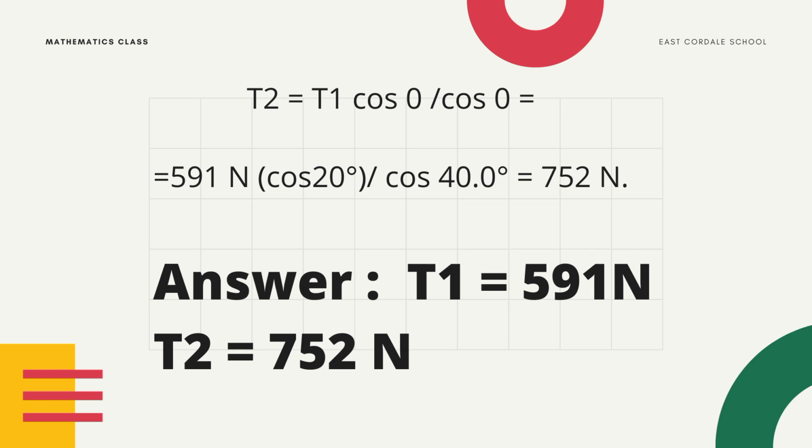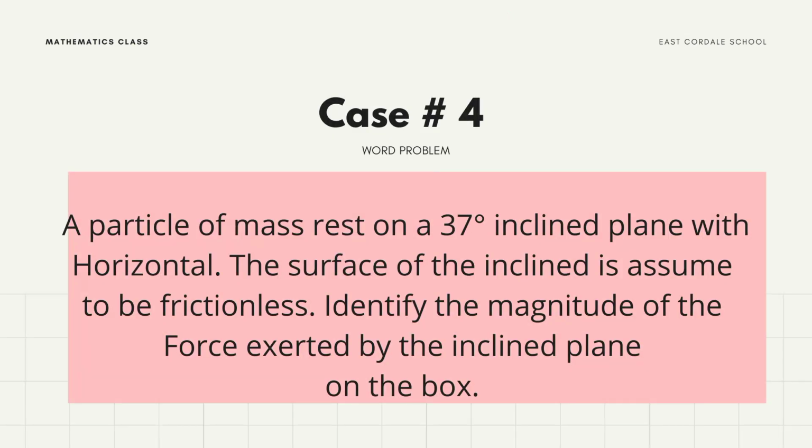The answer is 752 Newton. The tension in each rope is different, that is tension 1 is not equal to tension 2. The ropes that are used for a hammock must be capable of withstanding those tensions or they will break.